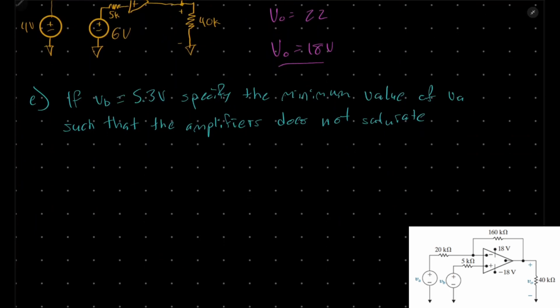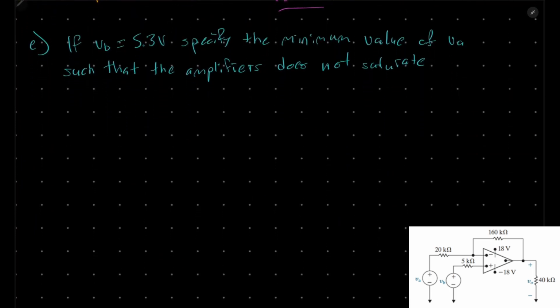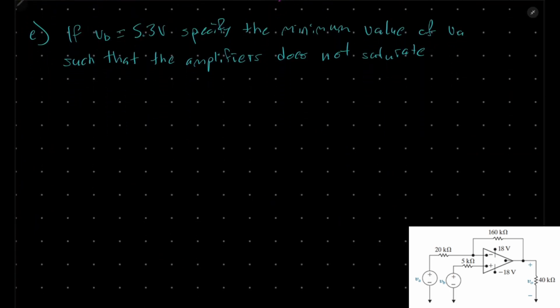For this one, we're going to solve if VB equals 5.3, specify the minimum value of VA such that the amplifier does not saturate. So in order to do this, we're going to want to use the equation that we have been using previously.